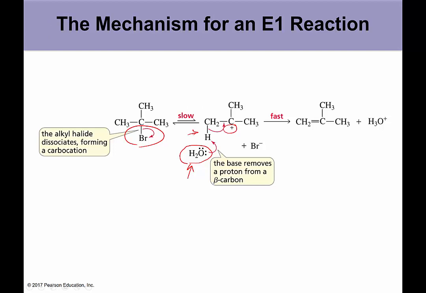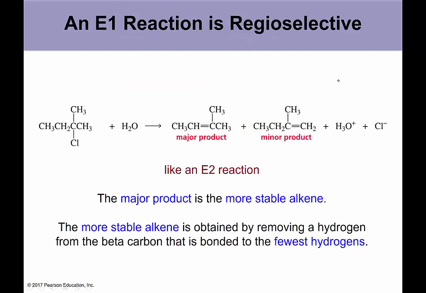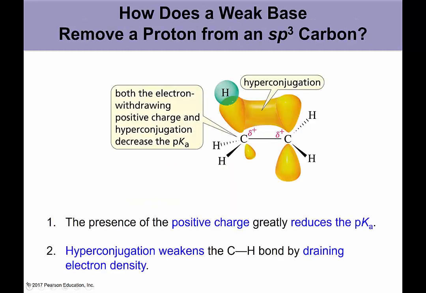It turns out the carbocation has the ability, through hyperconjugation, to stabilize the electrons in the carbon-hydrogen bond, and that electron withdrawing property of this carbocation causes this hydrogen to be a lot more acidic.